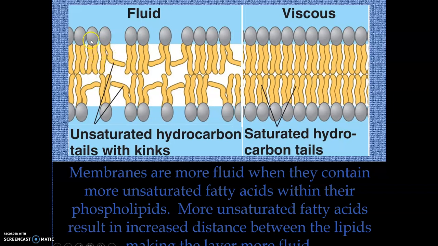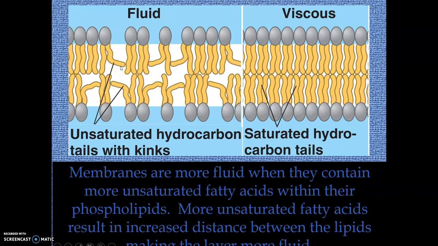Here this phospholipid is closely aligned. Both the tails are closely aligned, while in this case one tail is far apart, and this distorted structure is called a kink. So this type of kink formation occurs if the tail has a double bond in its carbon chain.